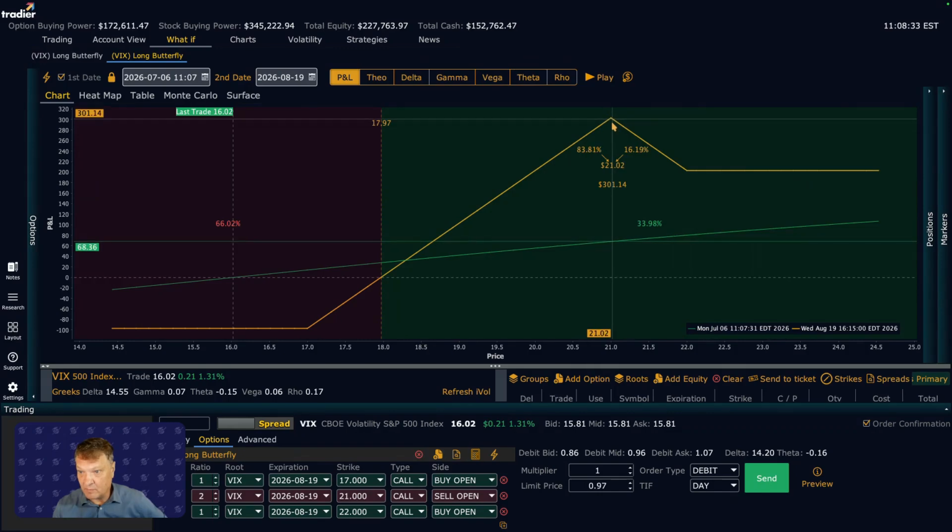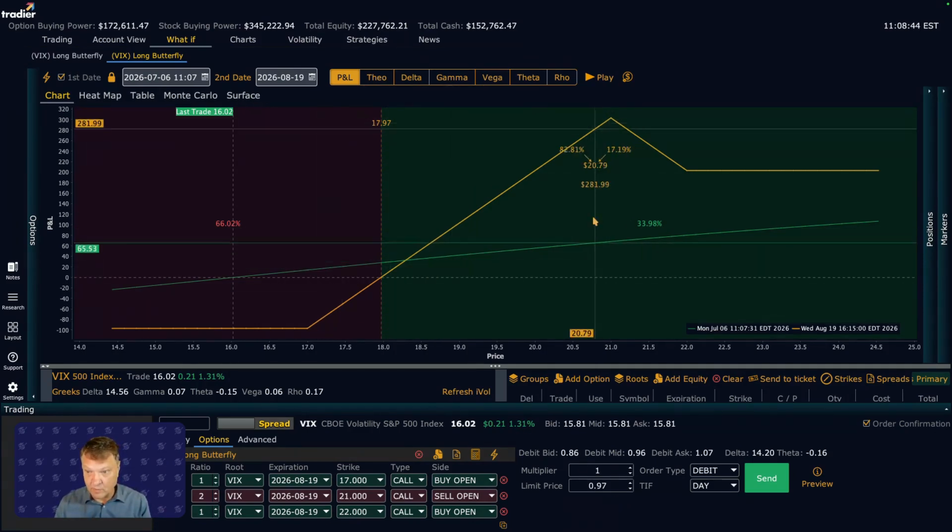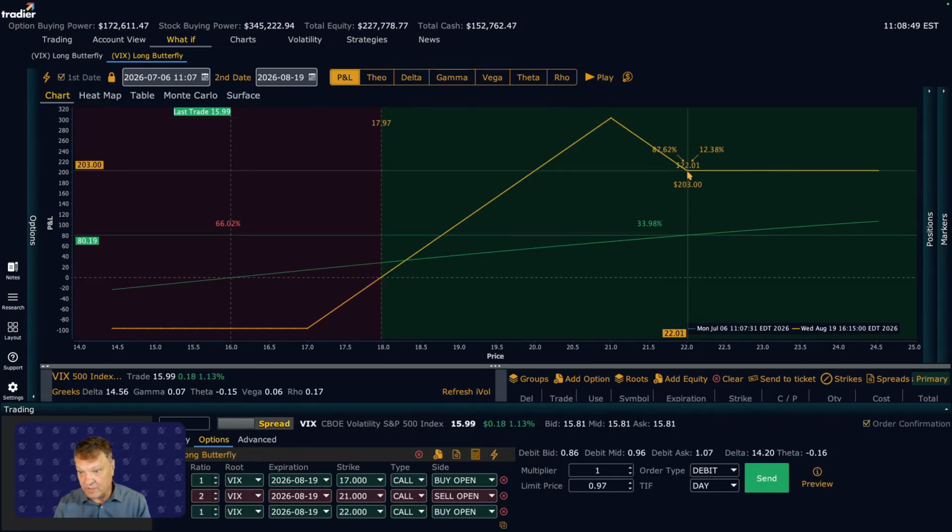And the maximum we can make if it goes out right at the strike price would be $300 on this trade. It would be trading for $4 minus the $1. That gives us $300. And then we go from 21 to 22. That's only $1. So that leaves us with $2 from anywhere on up from there.